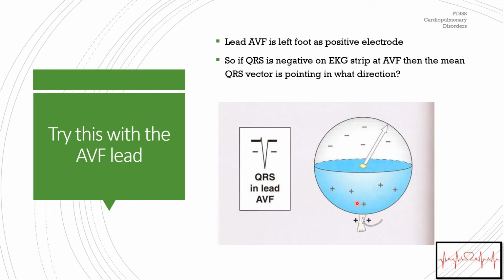But if instead our mean QRS vector suddenly shifted upwards and left, now we're moving away from the AVF electrode. And so now AVF suddenly has a negative QRS signal on its EKG strip. And this would tell us that there is a problem that has shifted our QRS vector.